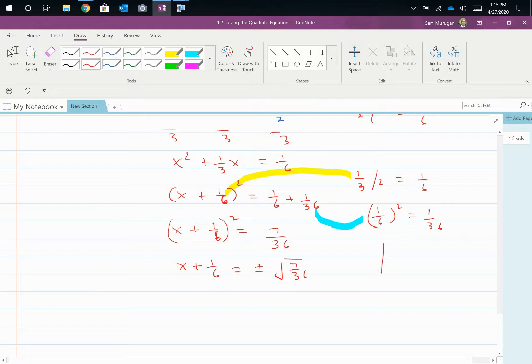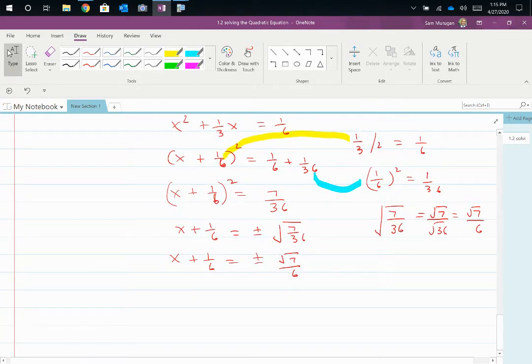Now, consider the square root of 7 over 36 is the square root of 7 over the square root of 36, which is the square root of 7 over 6. So this is x plus 1 over 6 is equal to plus or minus the square root of 7 over 6.